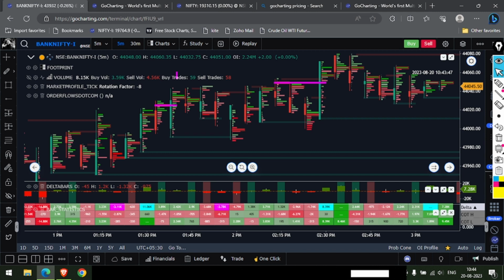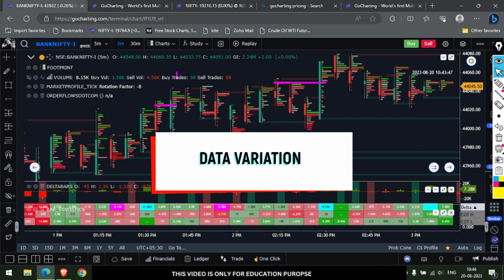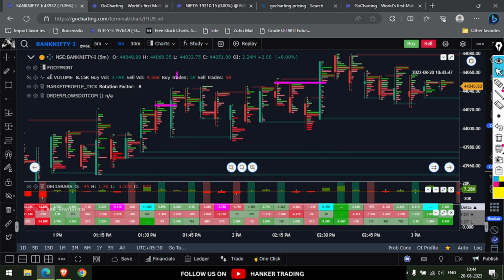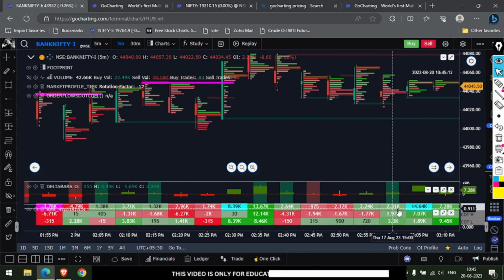Based on that, what is it going to affect? It affects the data variation, because something is happening on one website and something else is happening on your side. I have seen this lots of times. Initially I saw the delta was 2k, and suddenly when I refreshed the page, this 2k delta turned into 6k delta.